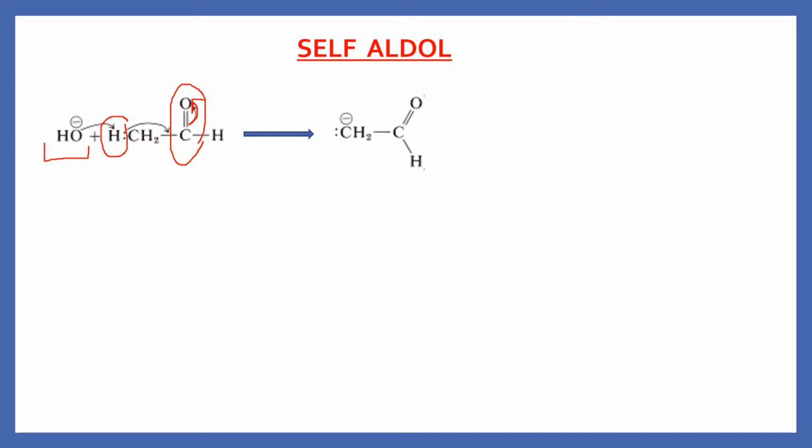When this happens, I will be getting this enolate ion, this carbanion, which is a result of alpha hydrogen removal by the base that I have taken. Here we'll be taking another molecule of ethanal only, because for self-aldol we take a pure compound, only one carbonyl compound.